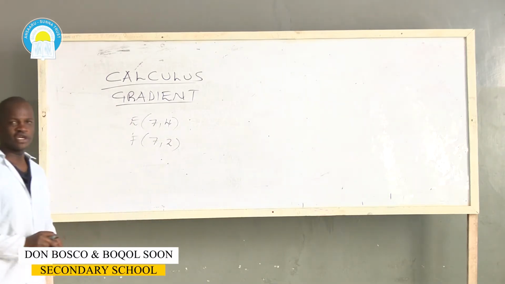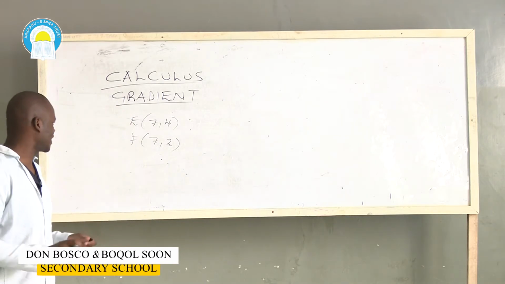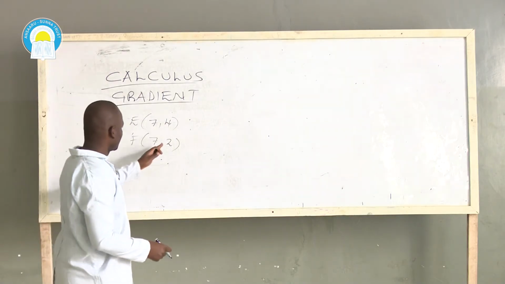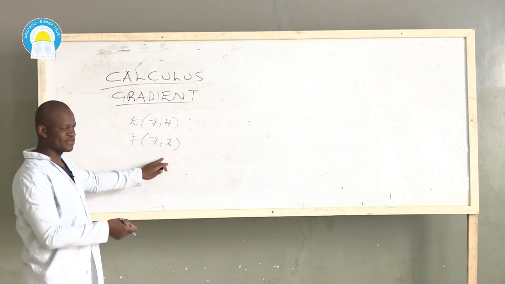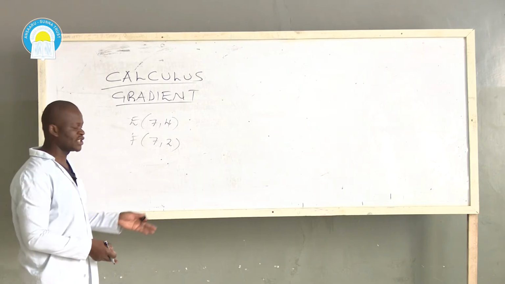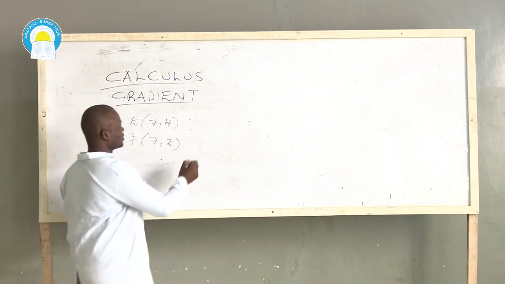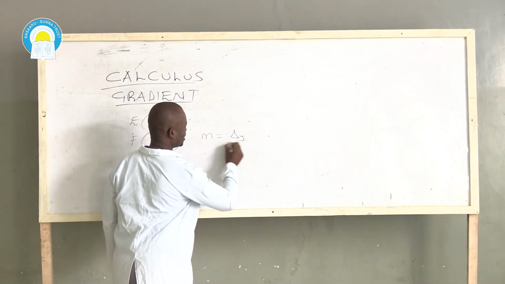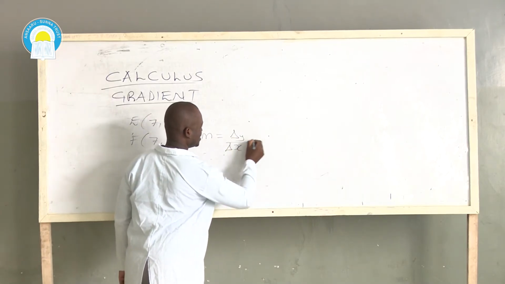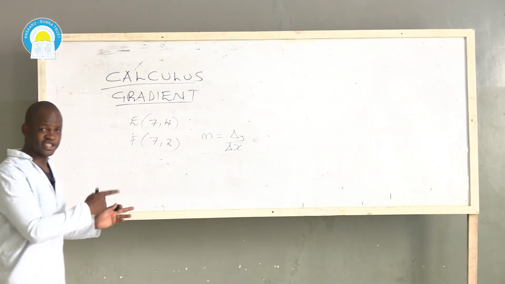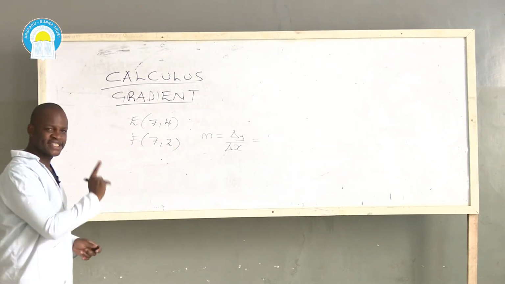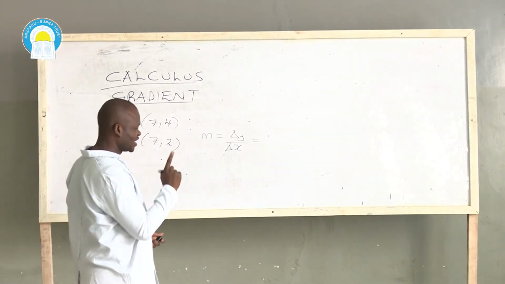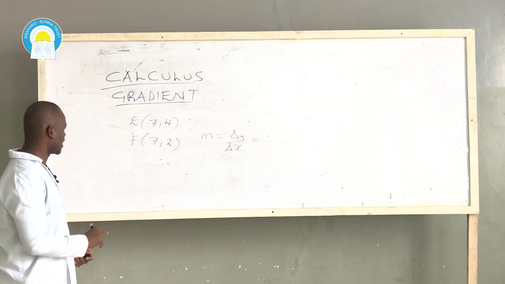So in this case, what will you get as your gradient? Similar steps to the previous question will be undertaken. The gradient is change in y over change in x, still stressing change in y over change in x and not change in x over change in y.